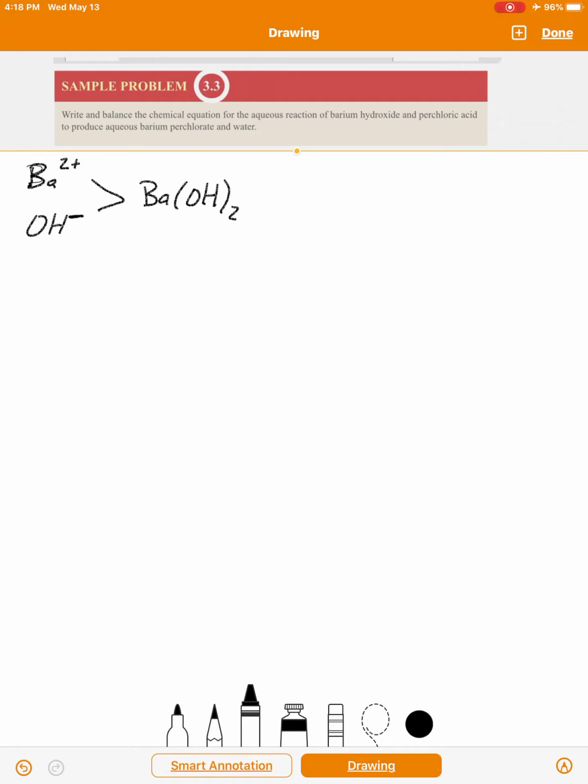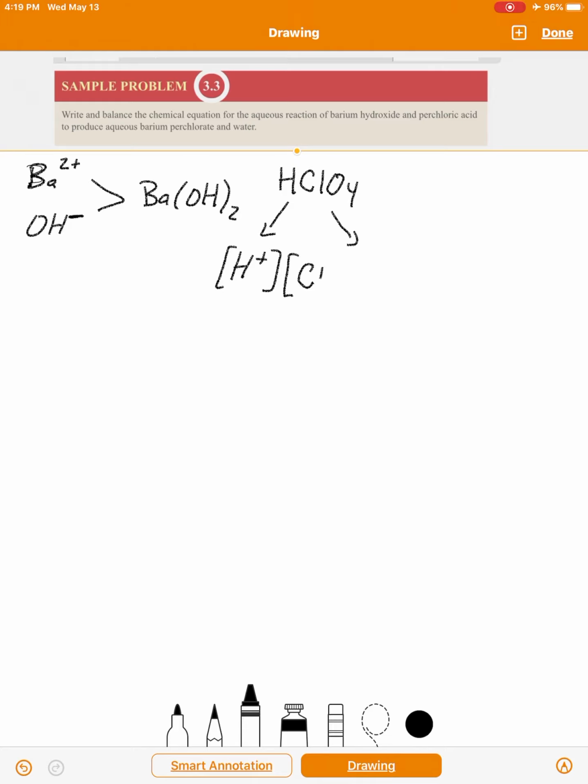The second reactant is called perchloric acid. That's HClO4. Okay, so there's our second reactant. Now, what does it tell us that it forms? It tells us that it forms barium perchlorate. Now, in order to figure out what the perchlorate ion is, acids can be thought of as an H plus combined with an anion.